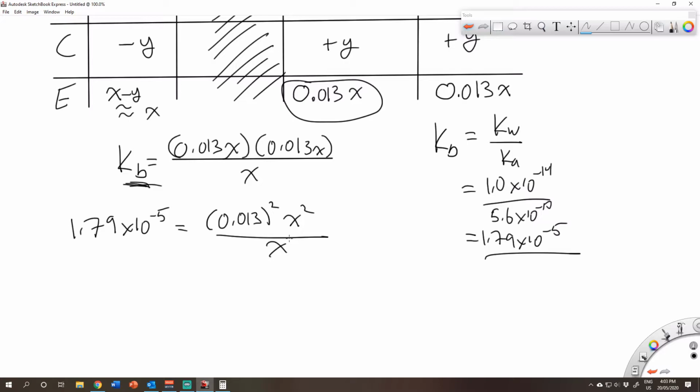Oh, hey, this actually works out really well because the X will cancel one of the X's.